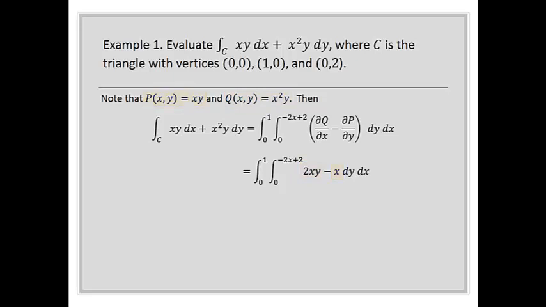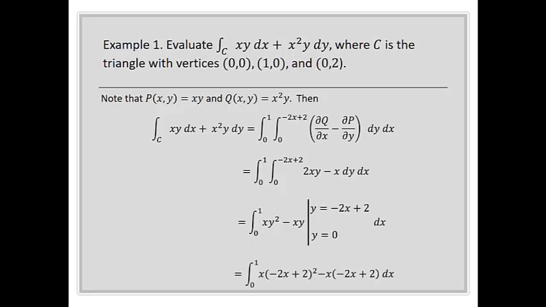We integrate first with respect to y, so that gives us xy squared minus xy, which we evaluate for y between 0 and minus 2x plus 2. So we plug in that minus 2x plus 2 for y and get x times minus 2x plus 2 squared minus x times minus 2x plus 2.